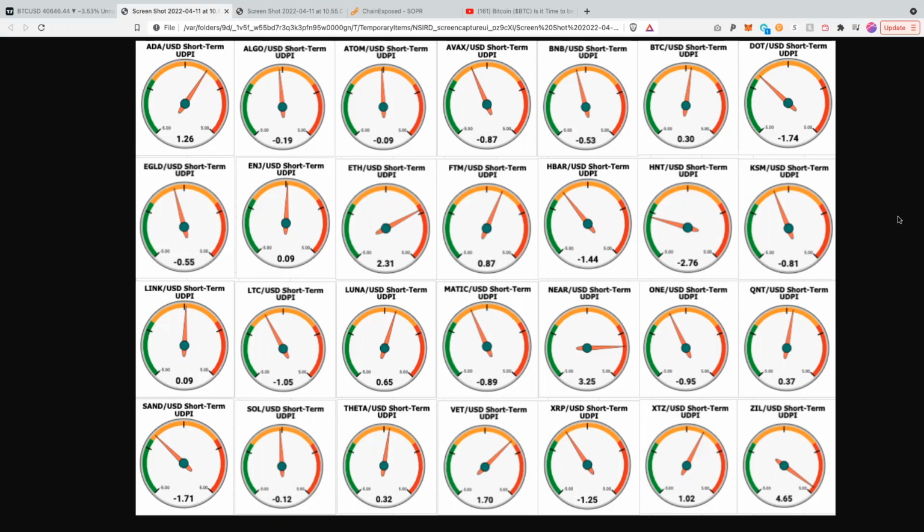So as we just noted, Bitcoin is about neutral on its UDPI, and that's also true of a number of altcoins. But we can also see that some altcoins, including the most important one, ETH, which arguably is not even an altcoin, is a bit elevated in terms of risk. That's also true of some others, such as Near. I mean, ZIL is in a category of its own after the parabolic move that it put in a couple of weeks ago and has now been retracing.